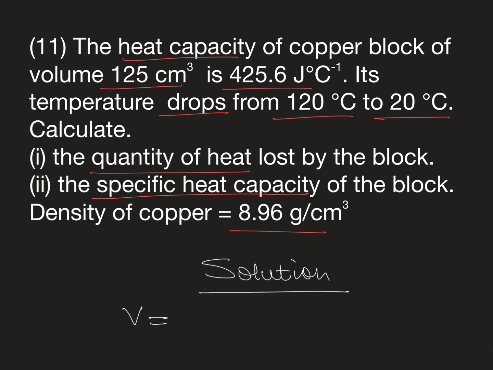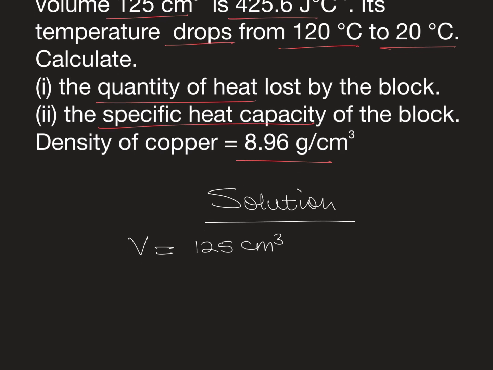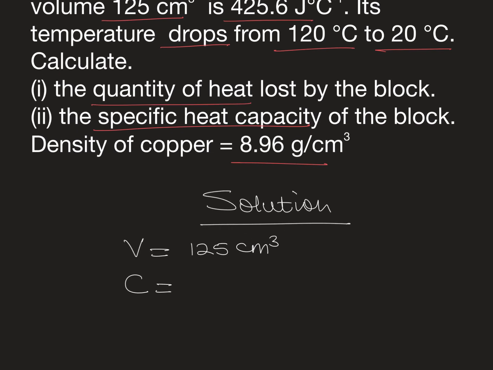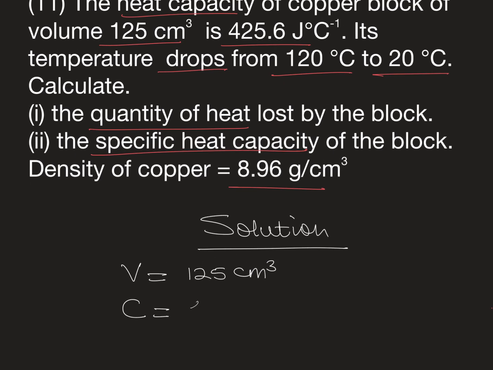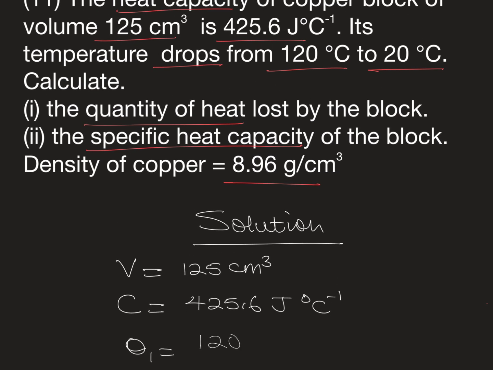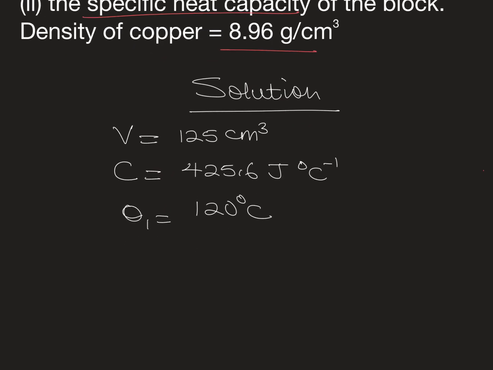The volume is given as 125 centimeter cube. We are dealing with copper block. The heat capacity is given as 425.6 joules per degree Celsius. The initial temperature is 120 degrees Celsius.